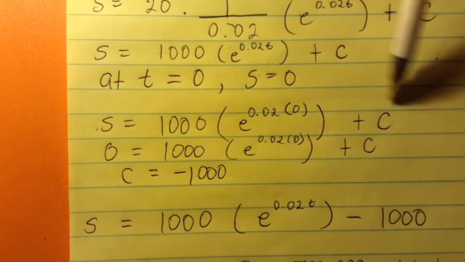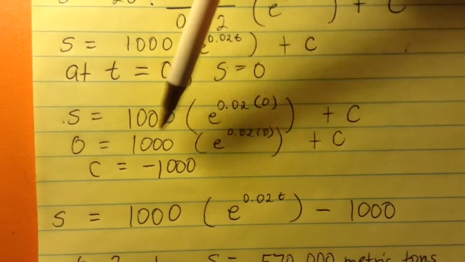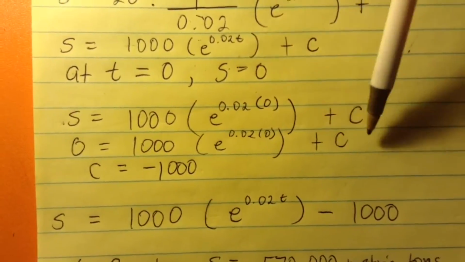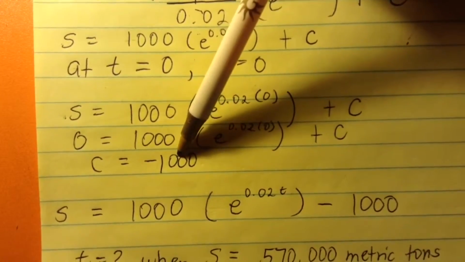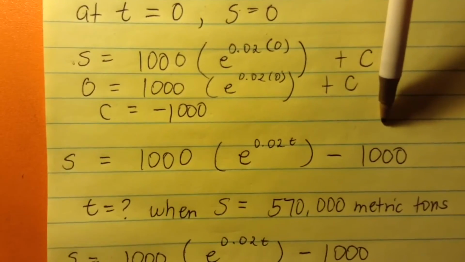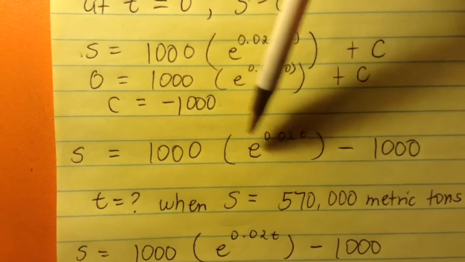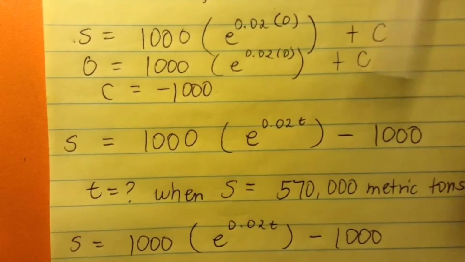Now we substitute S, which is 0, is equal to 1000 times e raised to 0.02 times 0 plus c, wherein c is equal to negative 1000. And the formula of silver is S is equal to 1000 times e raised to 0.02 t minus 1000.